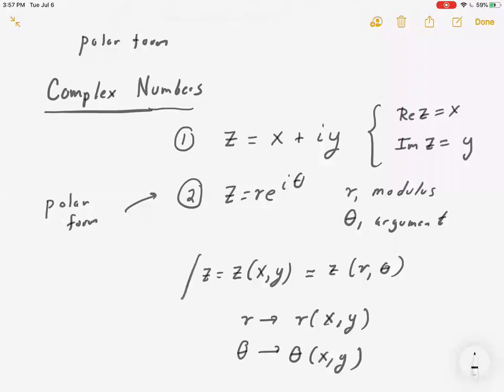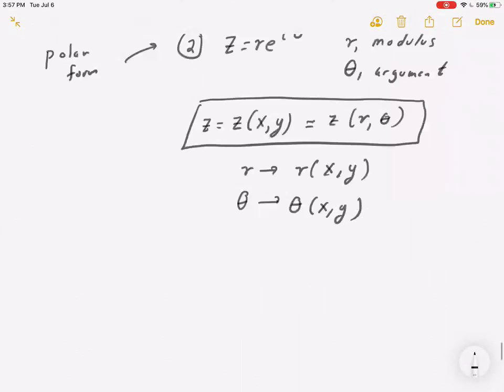And once you have those relationships, you can see that both of these ways are equivalent. Okay, so that's really all we want to say about complex numbers, at least for our discussion of linear algebra at an elementary level.